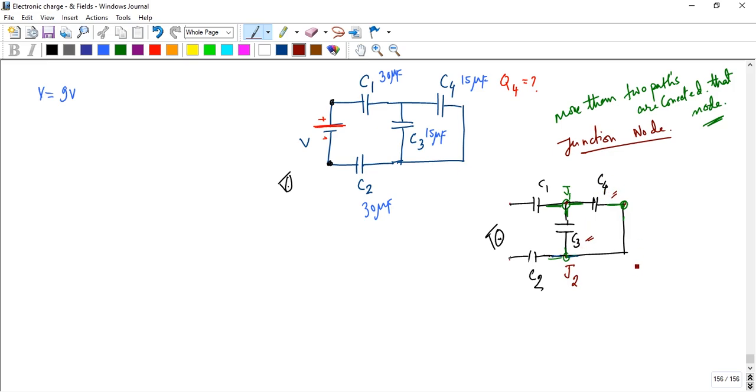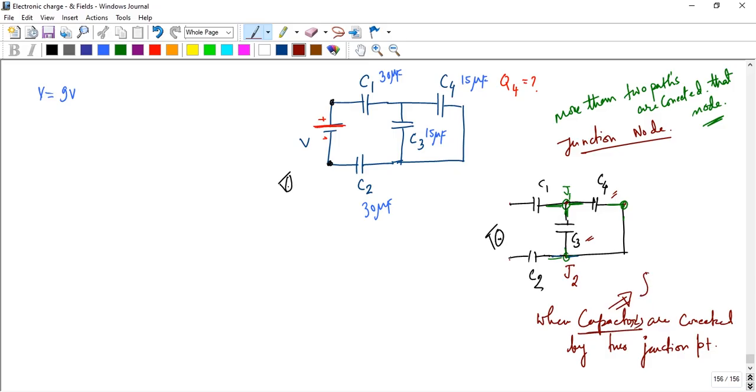This is very important: when capacitors are connected between the same two junction points, they are called parallel capacitors.